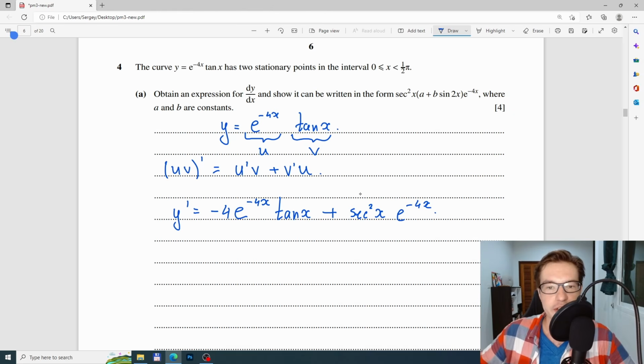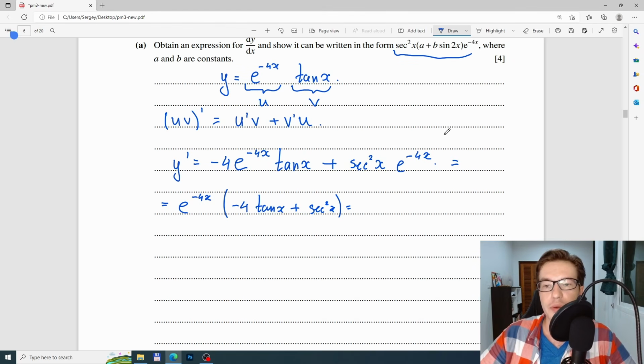Okay, so technically we're done with the derivative, but we have to write it in this form: secant squared x times the bracket and times e to the power of minus 4x. So first of all, we can factorize and bring e to the power of minus 4x out of the bracket. So we get minus 4 times tangent x plus secant squared x.